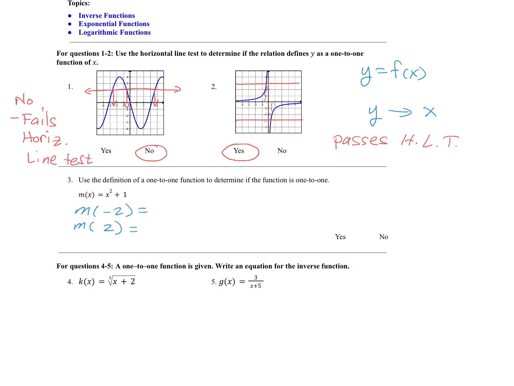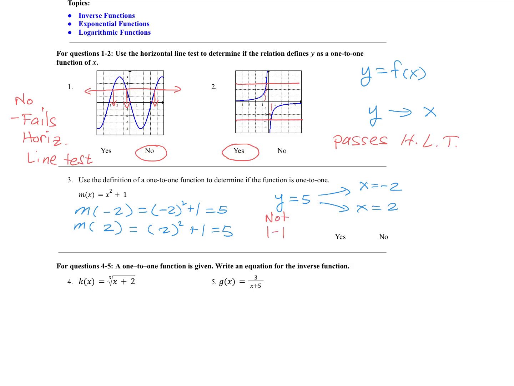When you calculate m of -2, you get -2 squared plus 1, which equals 5. And when you calculate m of 2, that is 2 squared plus 1, which also equals 5. So you have y equals 5 corresponding to two different x numbers, and that makes this function not one-to-one.